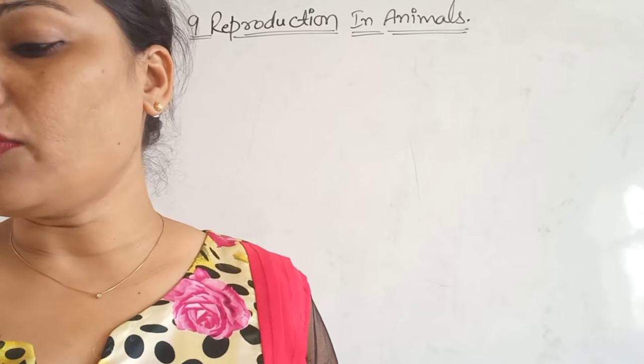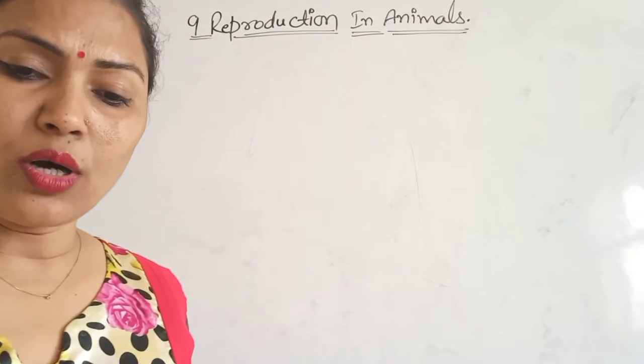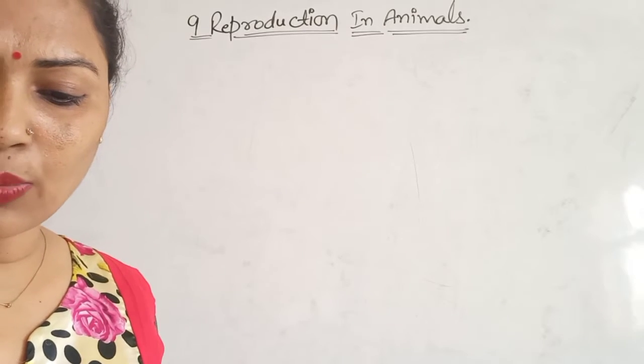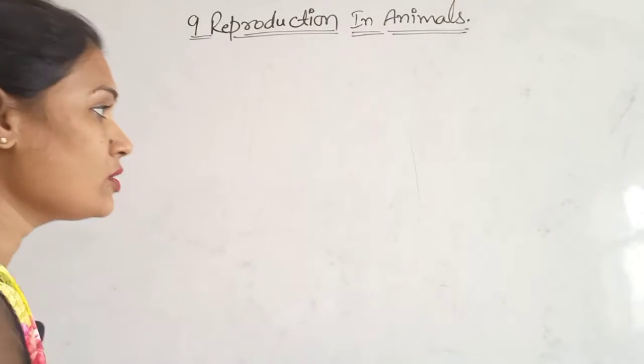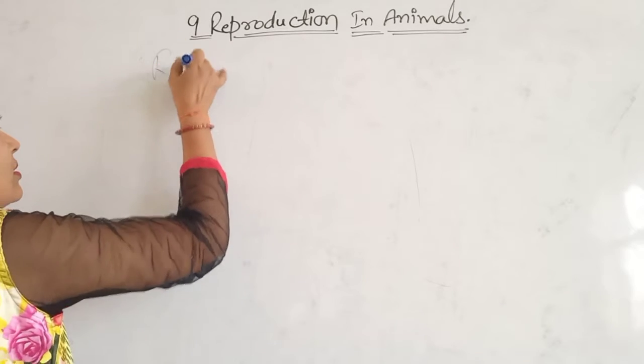So, first of all we can write the definition of reproduction. What is reproduction? Reproduction means producing young ones of their own kind.